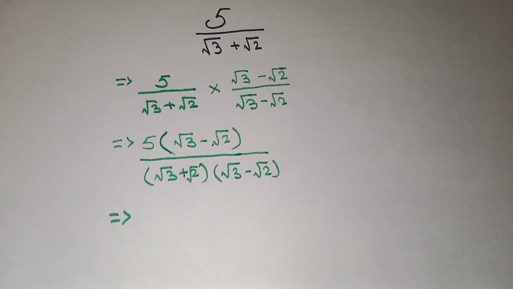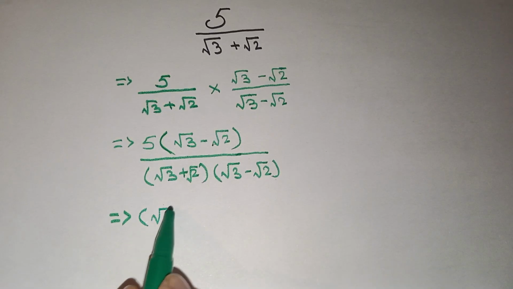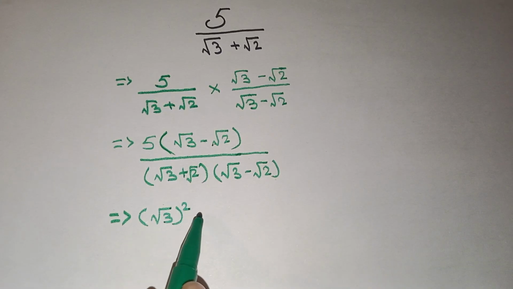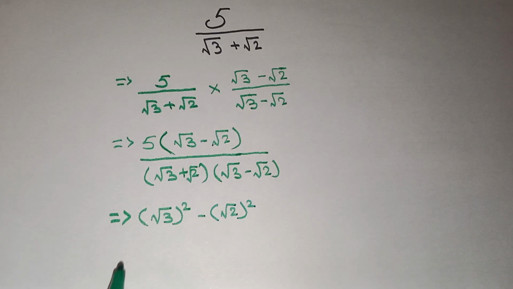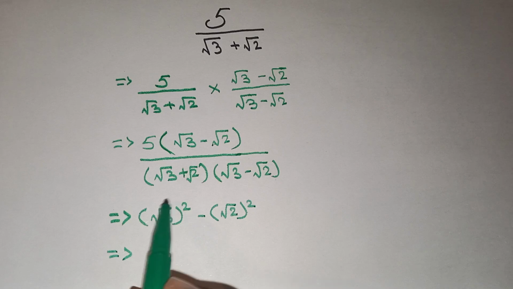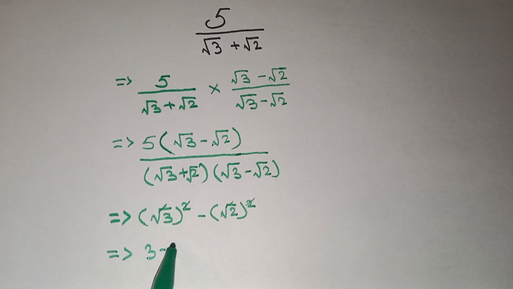So it becomes 3 square minus 2 square. The square cancels with the root, and the other square also cancels with its root. So the remaining is 3 minus 2, which is equal to 1. So in the denominator, 1 is left.